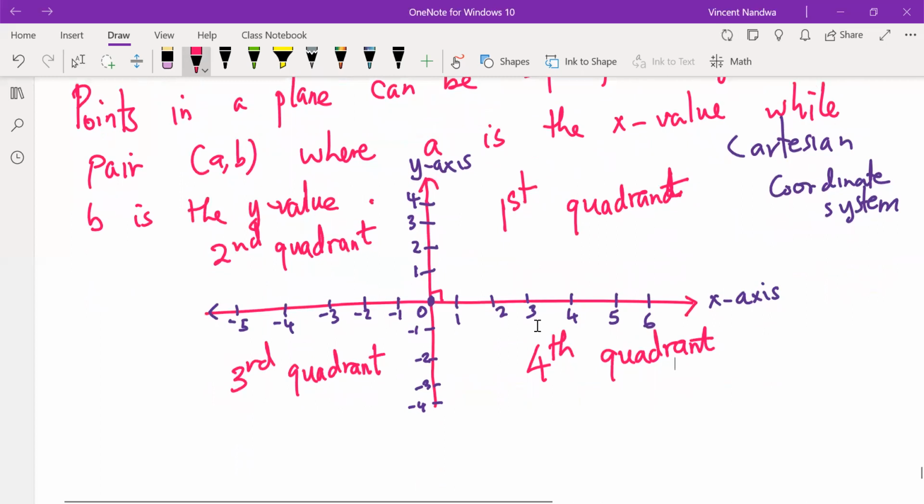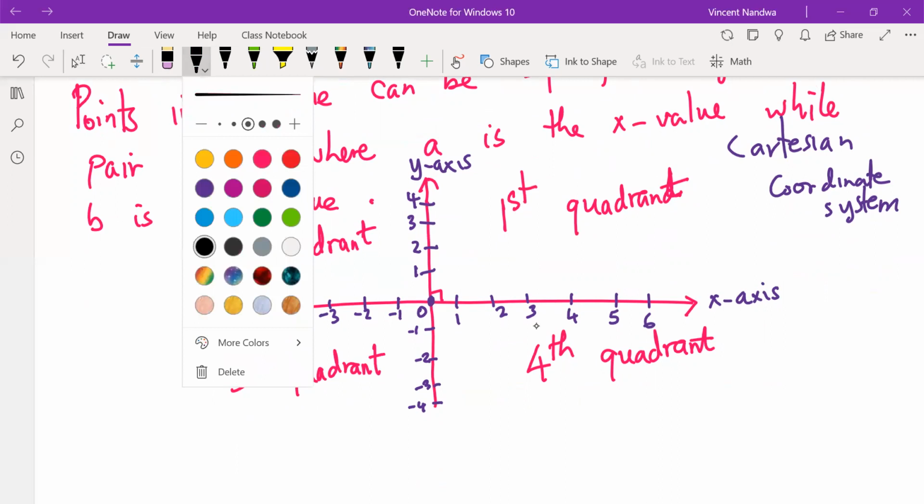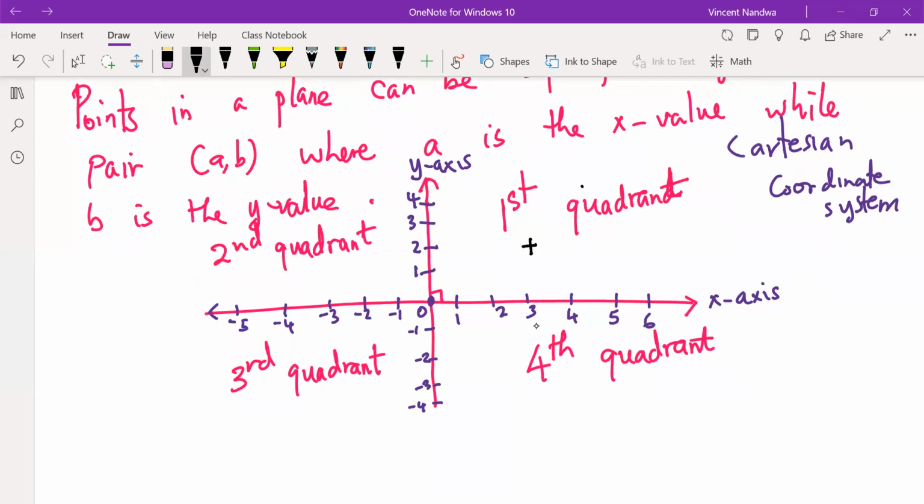So in the first quadrant, any point you pick in this will have x value positive and y value also positive. Remember we always start with x followed by y. From this 0 to the right, x values are positive.